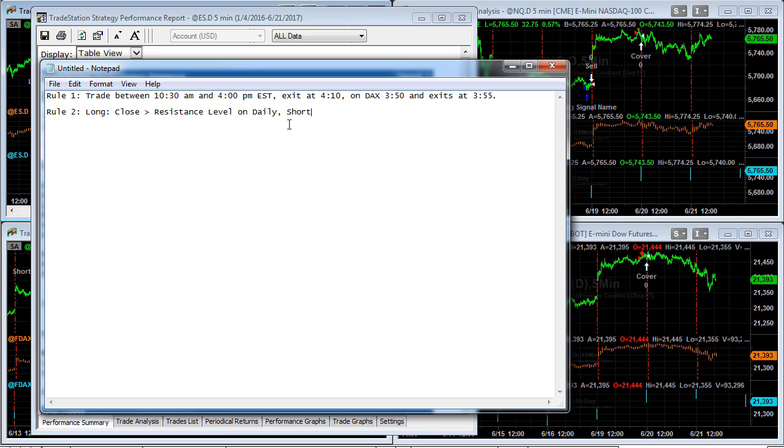And for shorts, the close, that's the current bar's close, is less than the support level on the daily chart. For rule 3, we just take one trade per day maximum.